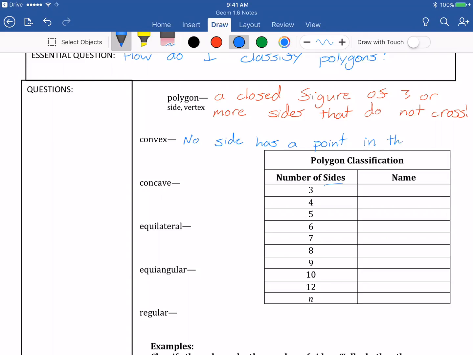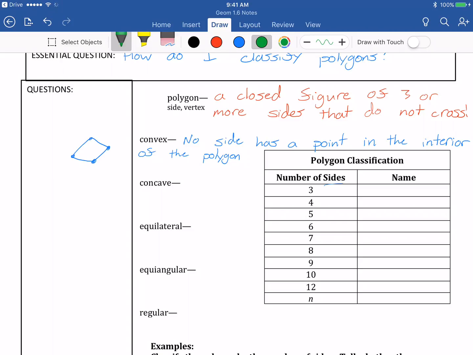An example of a convex polygon might be something like this. It's got no points that are inside the interior. All those points are on the outside, the farthest outside.